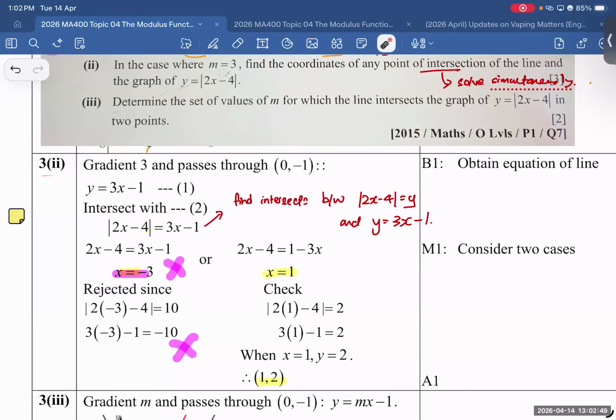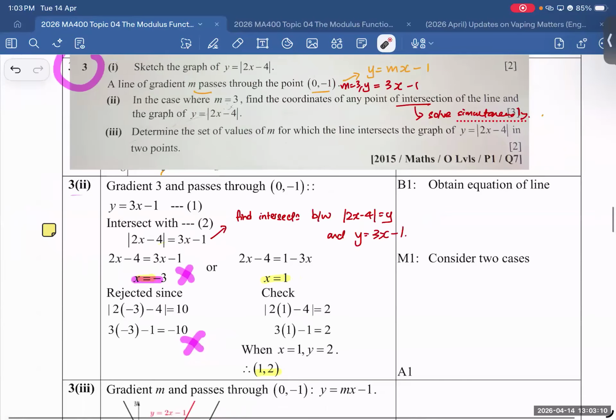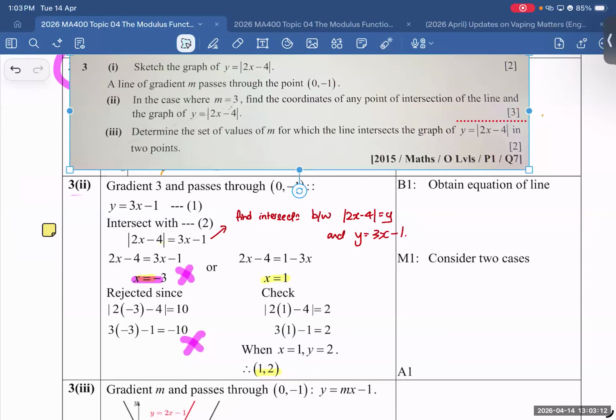Yes, I wait for you. Part 2, take your time. Equate both sides and solve simultaneously. It's fine, don't worry, you can do it on the spot, because there's no square, no power 2. Discriminant is only for quadratic.